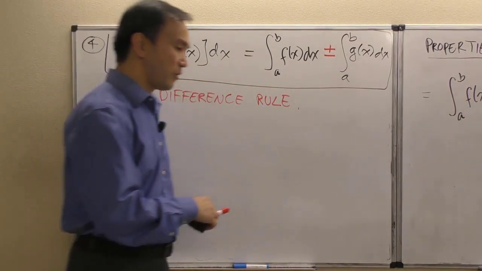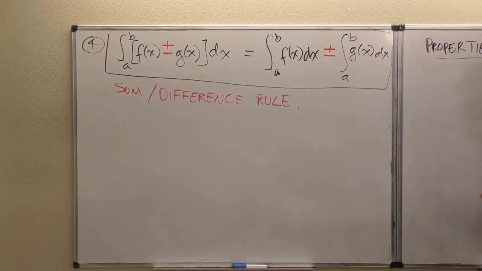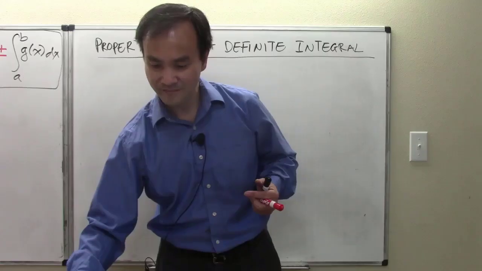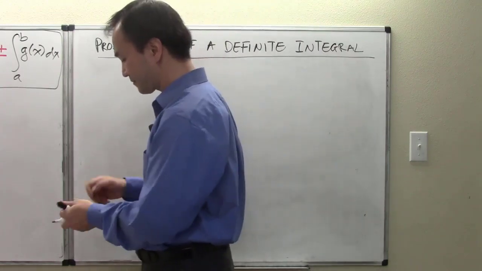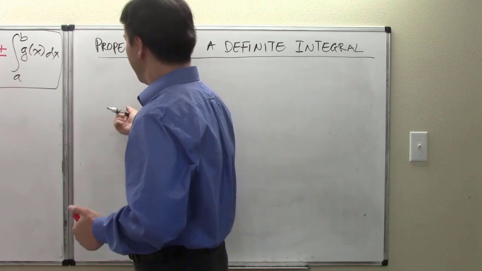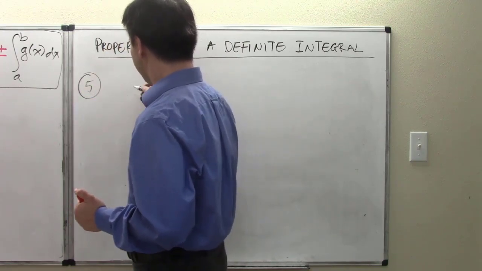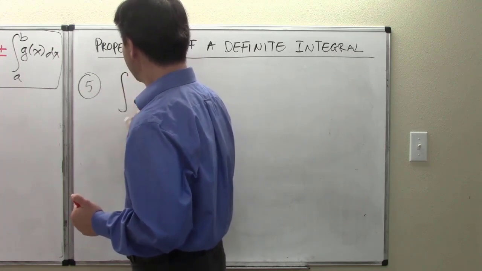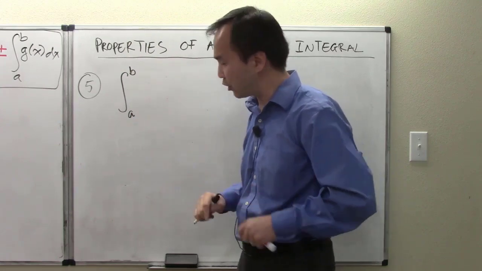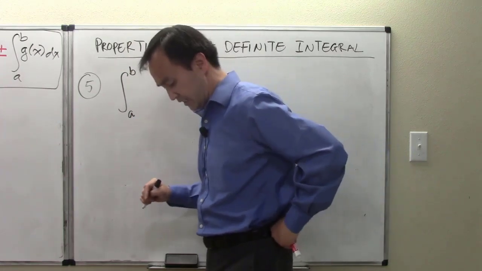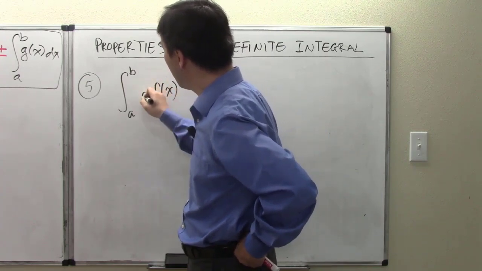And now let's step over to my other board and look at the 5th property. With the 5th property, this is what I'm seeing. We have a definite integral accumulating from a to b, and our function here comes with a constant coefficient c.